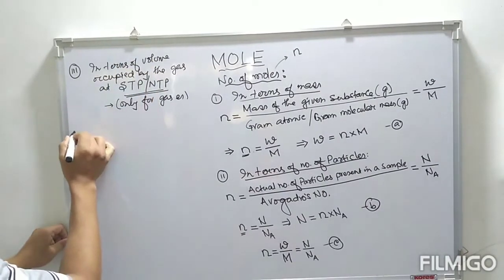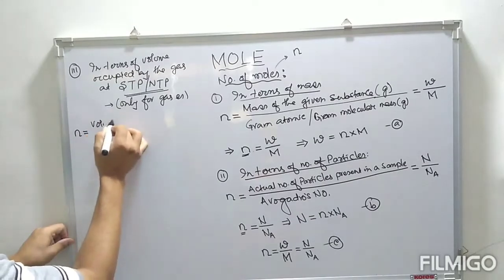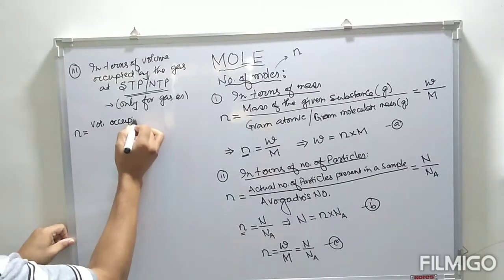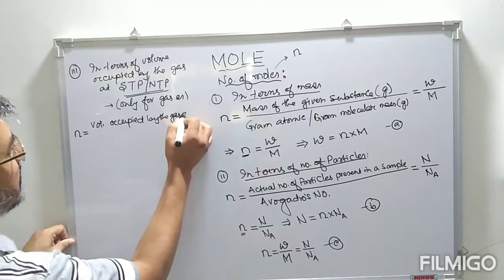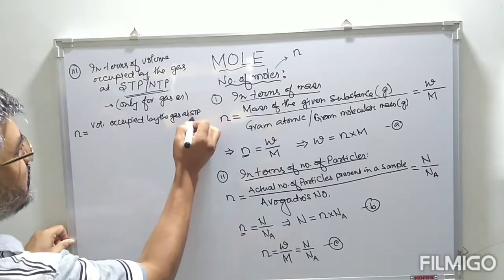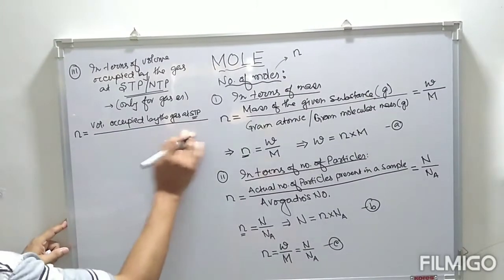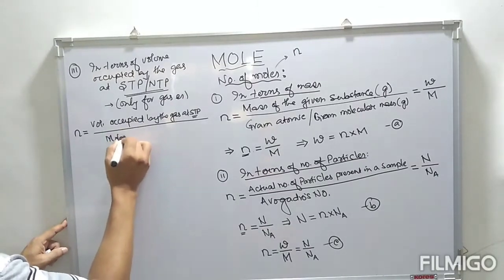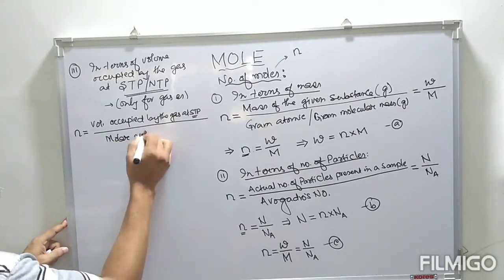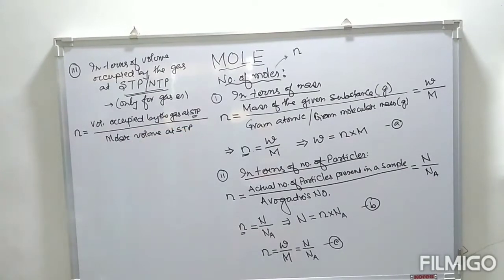So in terms of this, the number of moles is defined as the volume occupied by the given gas at STP divided by the molar volume at STP.